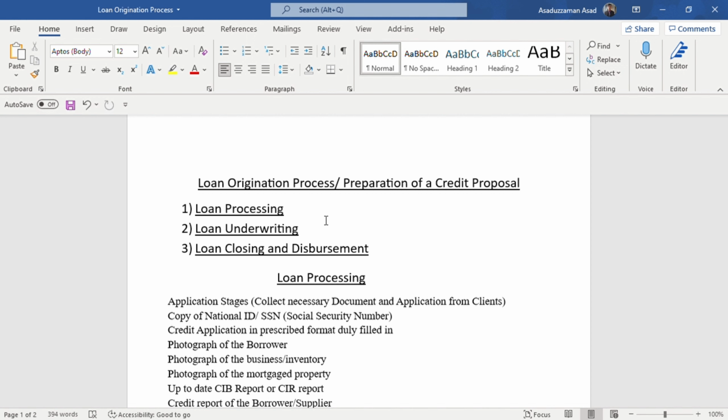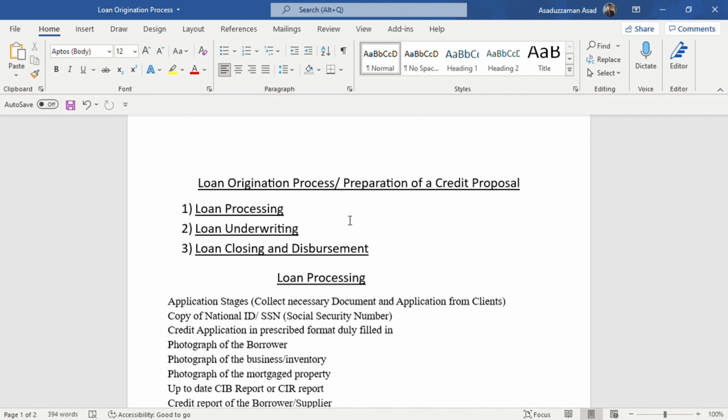The loan officer, on behalf of the investor, a financial institution, or a bank, will prepare the whole loan origination process or credit proposal.